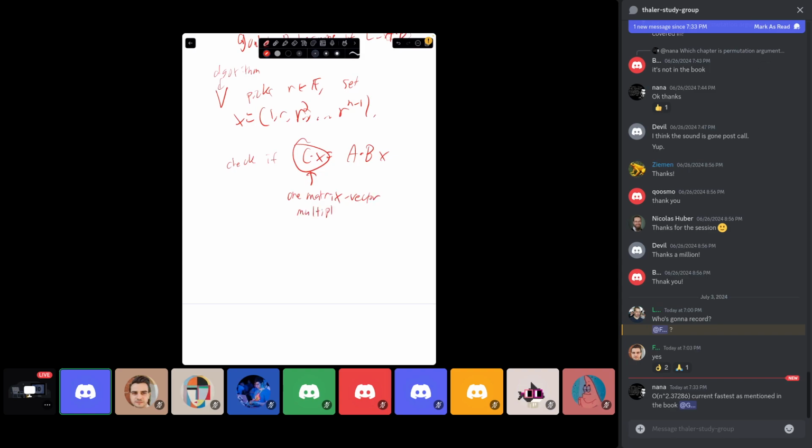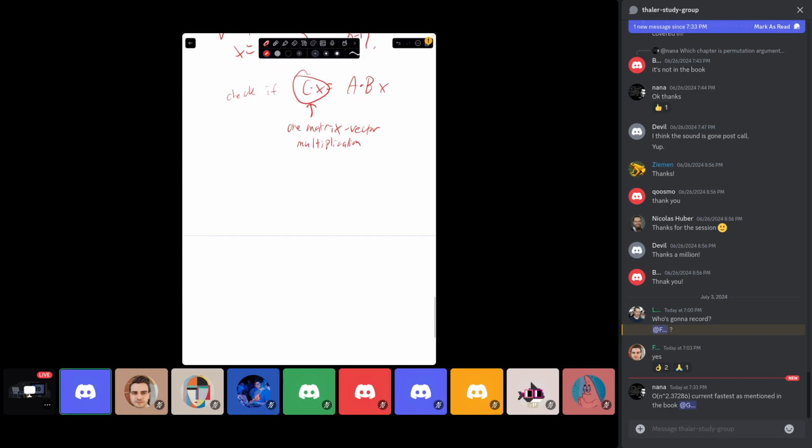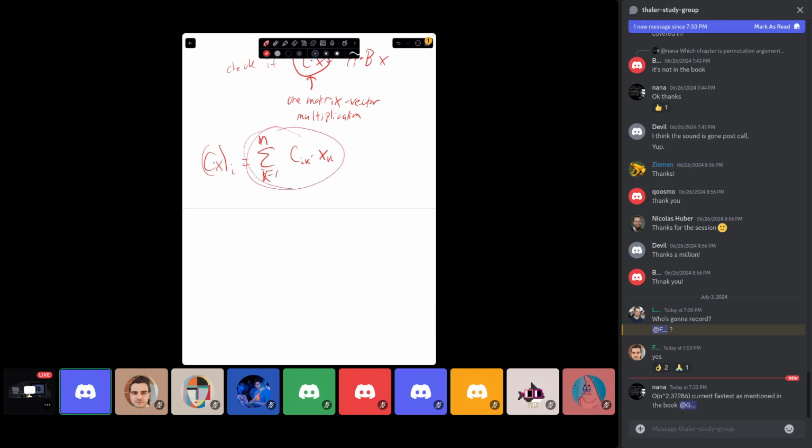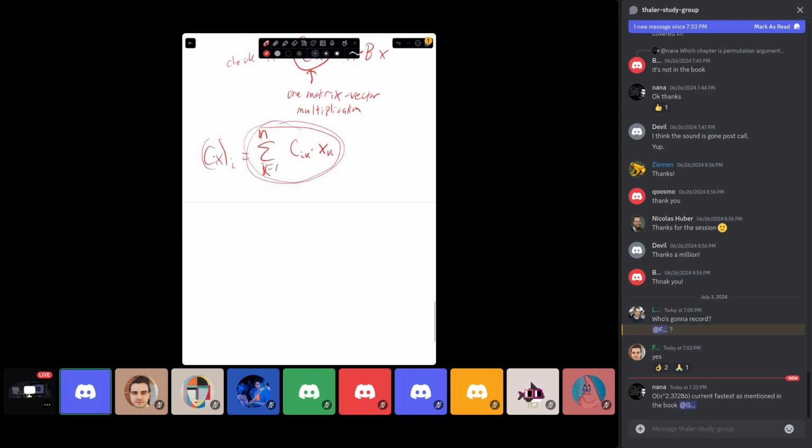Here, the ith entry of C times X is the dot product of the ith row of C and X. This is an order n time computation to compute this sum, and you have to do this once per entry of CX. And so this is n squared time to compute CX.